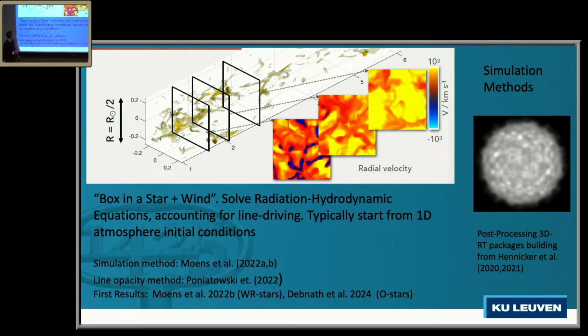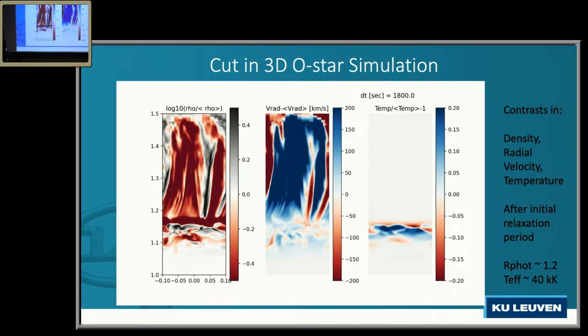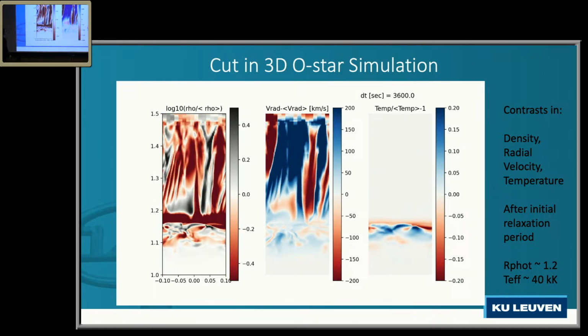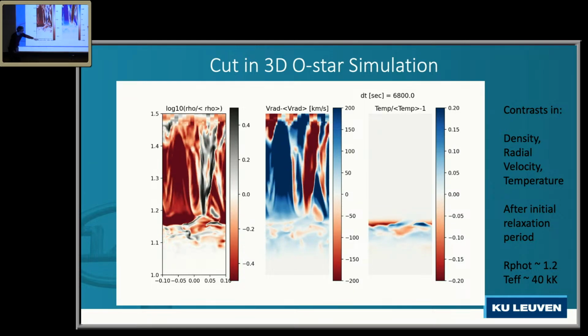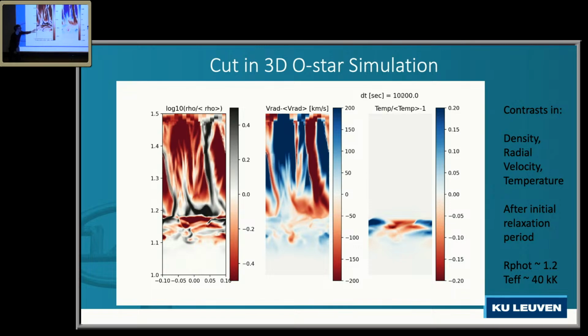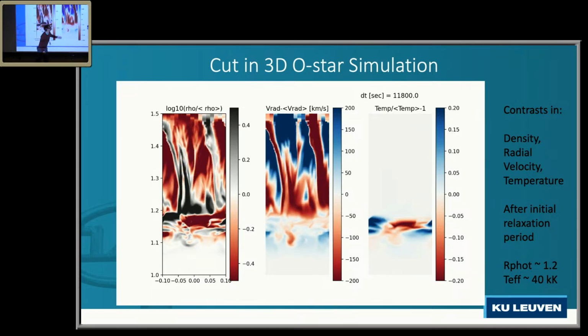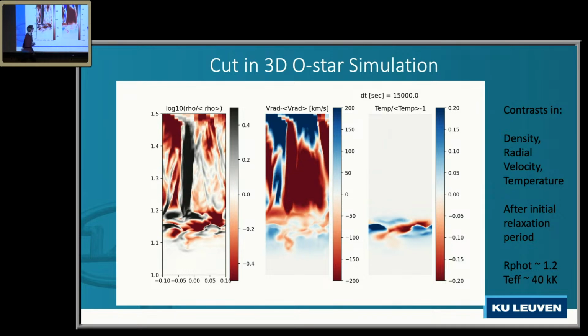We will talk about some fun stuff, some first results. Here is an O-star. This is a 2D cut in a 3D O-star simulation. You see these regions here would be the stable, more or less lower radiative atmosphere. Here you have around 200,000 Kelvin, and you see that the instabilities are developed. These are a density contrast map and a velocity contrast map.